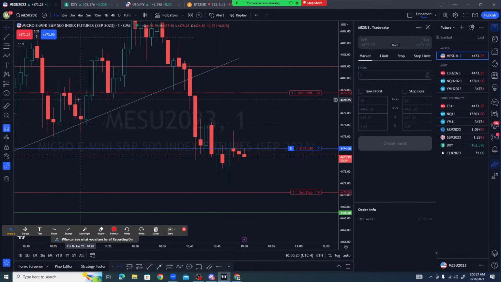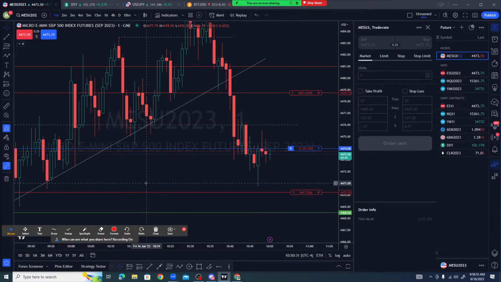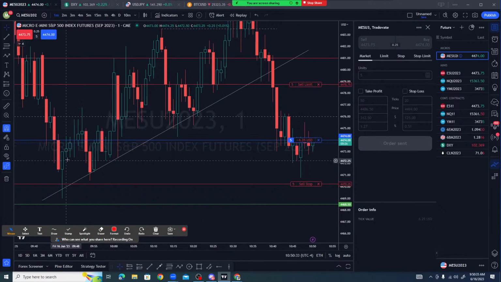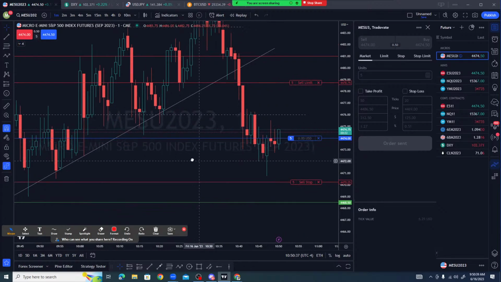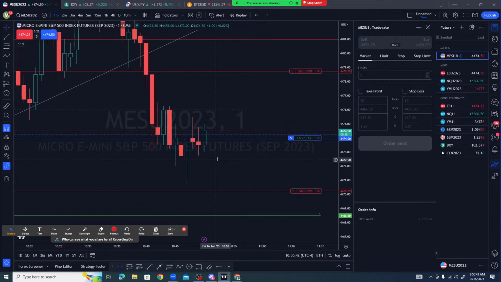Something like this area right here, the way this looks, that's what I would be looking for. Again, something like this. Got a good rejection. I don't mind a little pullback and then move, right? There we go. A little bit of a movement here.